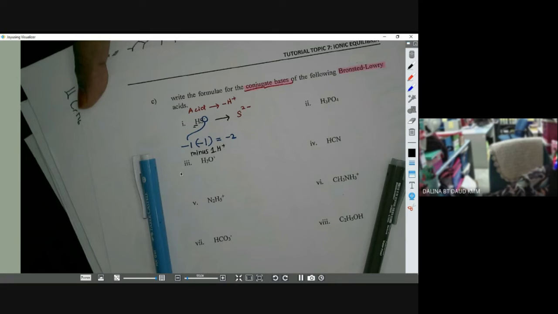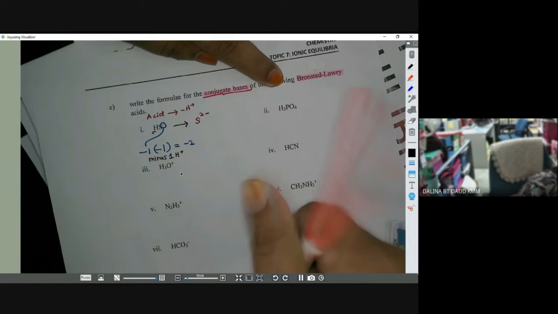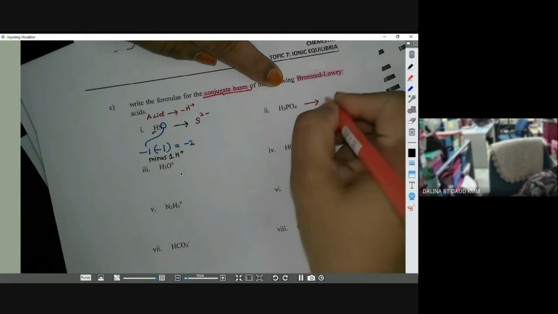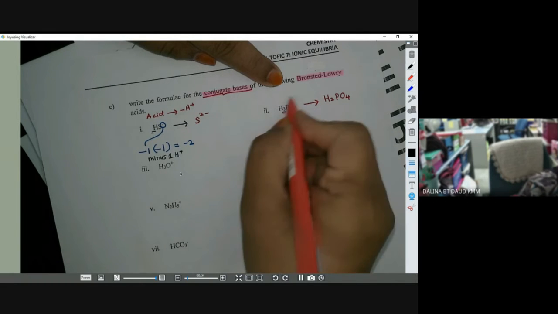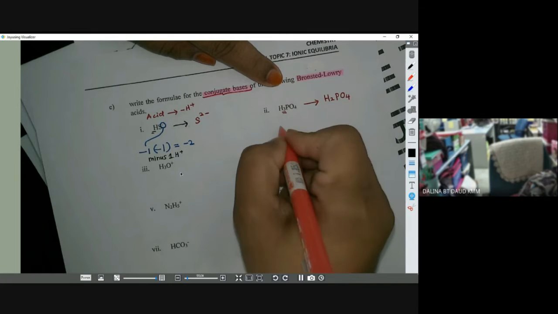Now, we go to this one. This is acid. So, acid donate H plus. So, dia hilang 1 H. Hilang 1 H, dia akan jadi H2PO4. So, nak tahu dia punya charge? Kosong minus. Kenapa kosong?